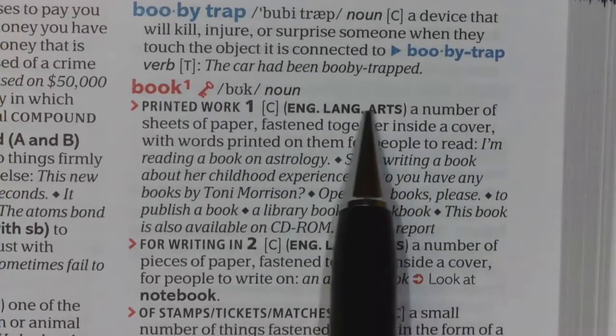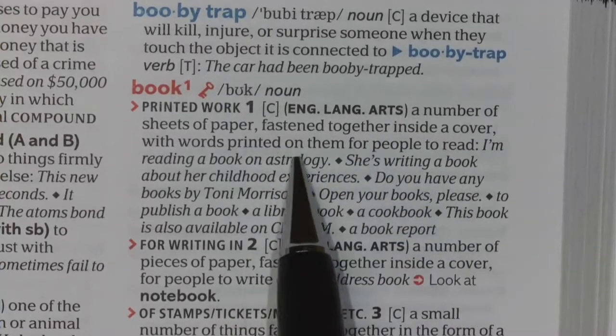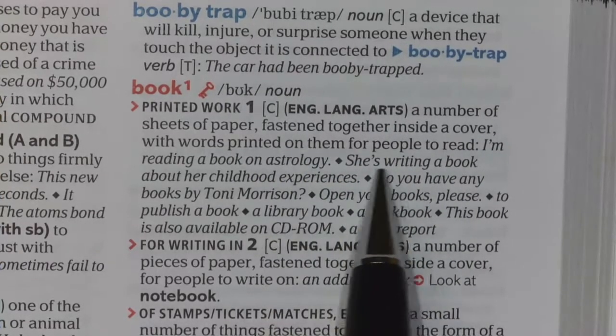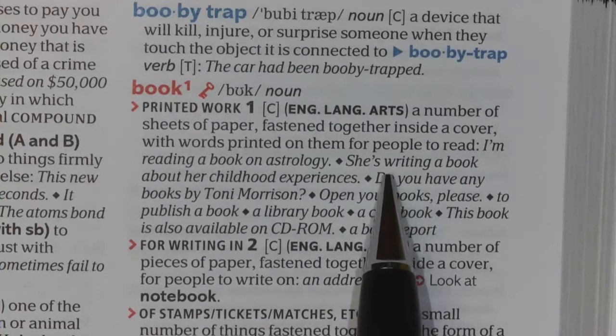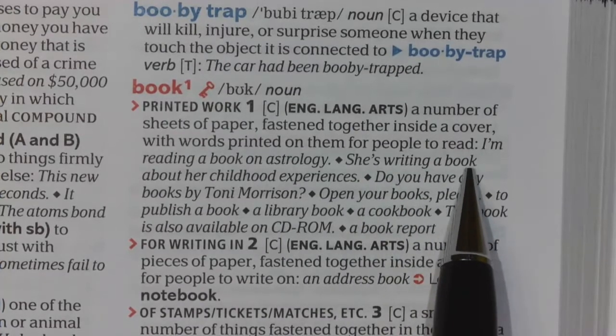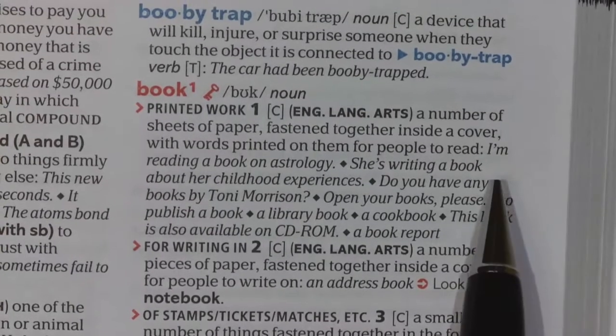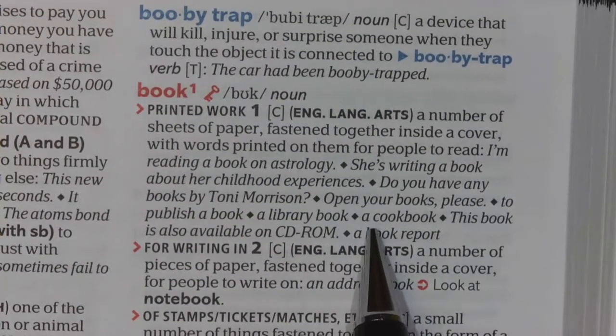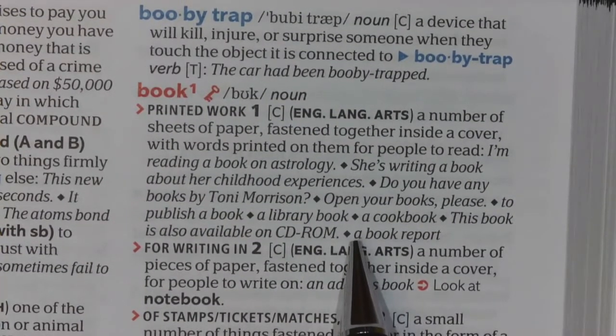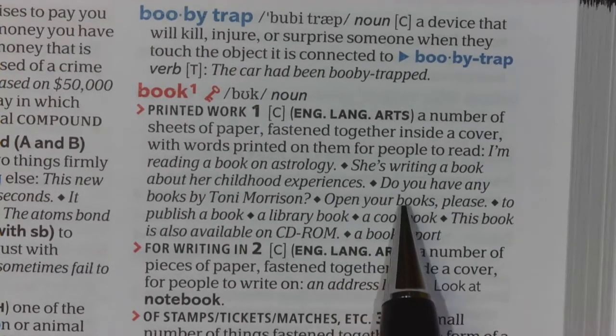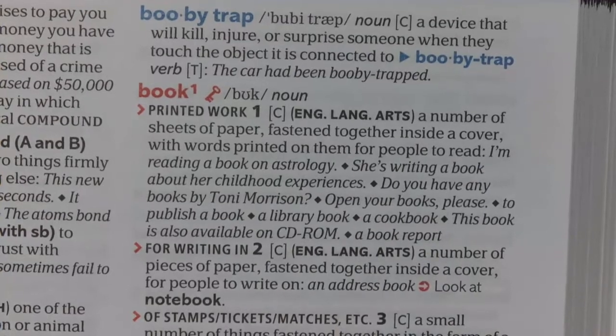That's because this part here is the definition or the meaning of the word, and this part is an example sentence where they're using our word in a sentence, which is helpful to see, because if it's a word you don't hear or see very much, if it's a new word to you, then you can see how it's used in a sentence.